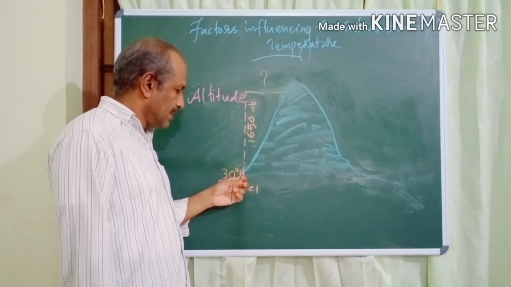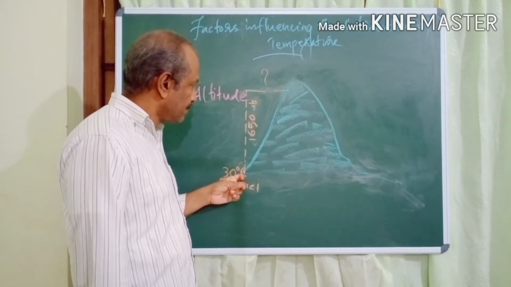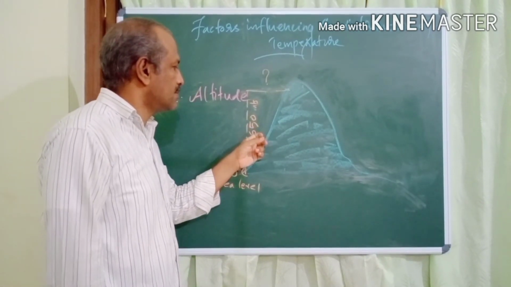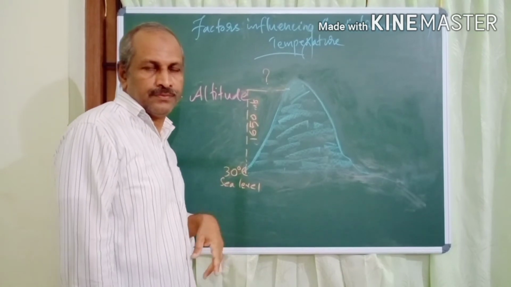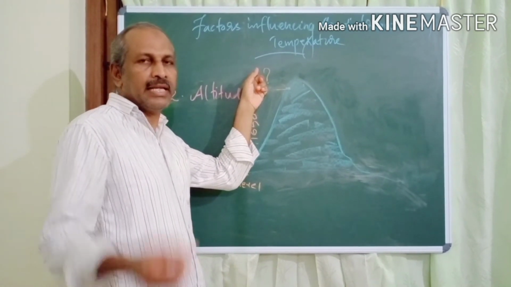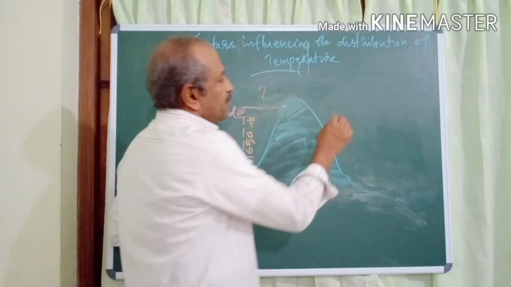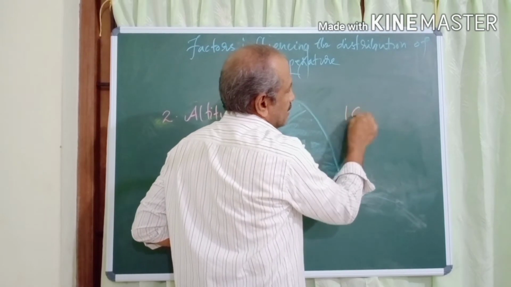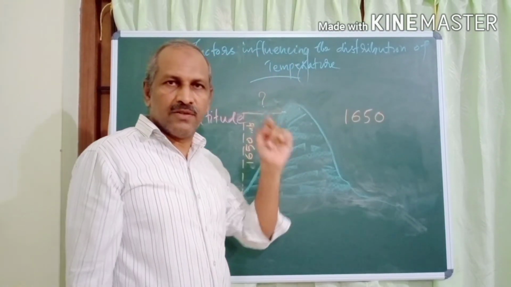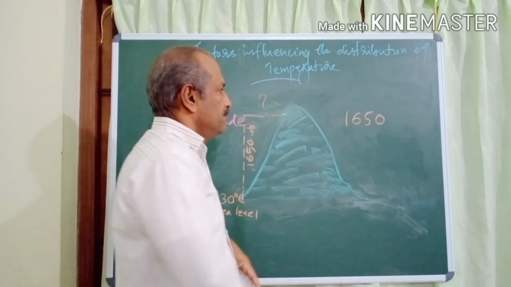Here is the sea level and suppose the temperature is 30 degrees Celsius, and at this place, suppose the height is 1650 meters. Then what would be the temperature here, taking into consideration the normal lapse rate? The height of the place is 1650 meters. We know that there is a fall of 1 degree Celsius for every 165 meters of height.